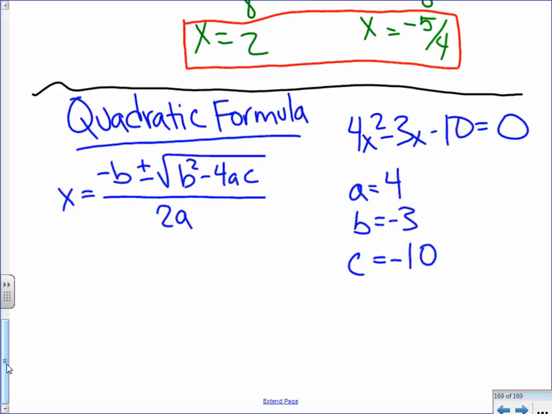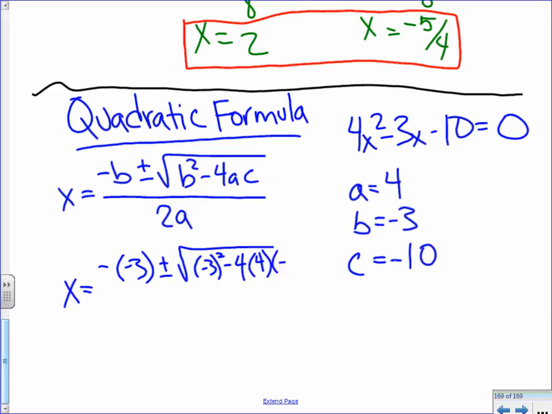Now I'm going to plug everything into the quadratic formula, being careful to use parentheses for anything I plug in. So x equals negative b plus or minus square root of b squared minus 4ac, all over 2a.